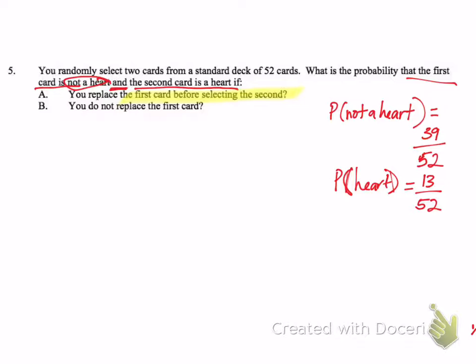If you drew a Venn diagram, they would never ever intersect. So for part A, is it independent or dependent? Independent, because I'm replacing that card. So for part A, I'm just multiplying the 2 probabilities together. So 39 out of 52 times 13 out of 52. And that gives me 0.1875.